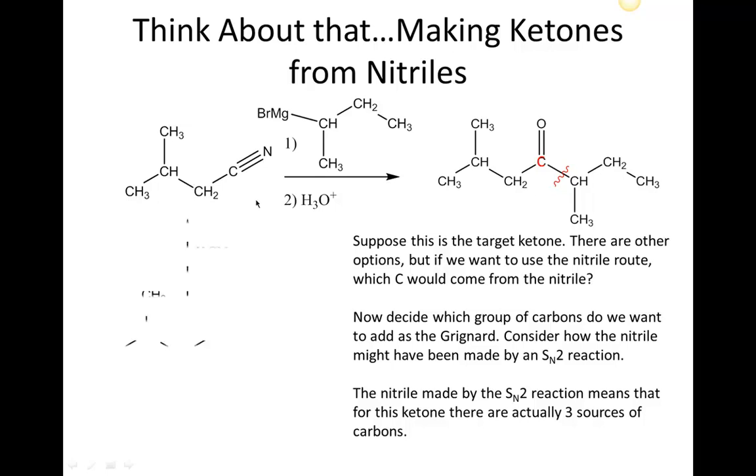Now we have to see where that came from, and that would have come from an alkyl halide with KCN. So we have 1, 2, 3 sources of carbon to get to this. Now if this was a synthesis problem in, say, homework, and we were starting with alcohols, you would have to show how to make this molecule from an alcohol, and you'd also have to show how to make this from an alcohol, but this is probably enough for these purposes.